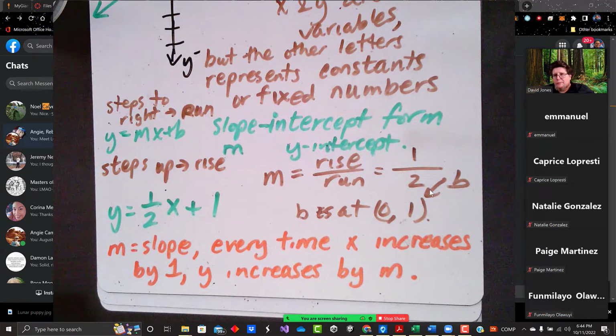In fact, I'm sure there will be problems that ask you, what does the slope mean? And they'll give you something like, every time x increases by 1, y increases by blank, and they'll ask you to put in what that is. So this is similar to stuff you might see in the homework on this section.